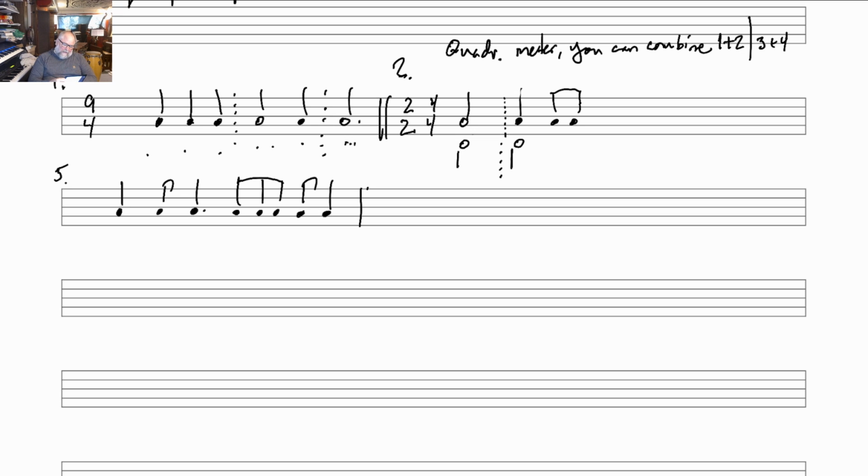Okay, a couple things jump out at me right out of the gate. A big one is, check this out. Look at how this is a beamable note. This is an eighth note right here. And here are 3 eighth notes beamed together. There is an obvious intention on the part of the composer, whoever wrote this music, to separate this eighth note from these 3 eighth notes.